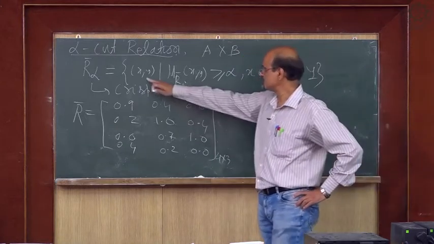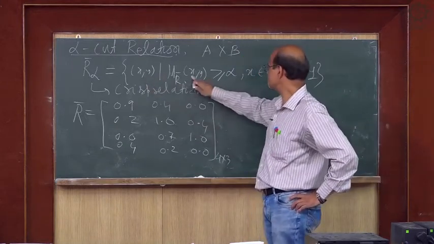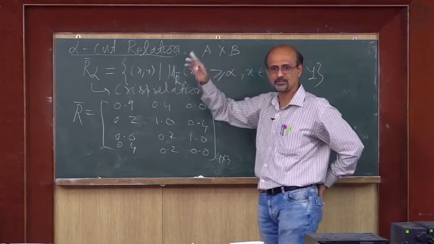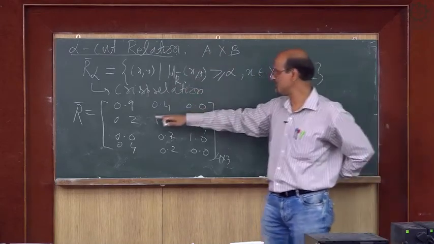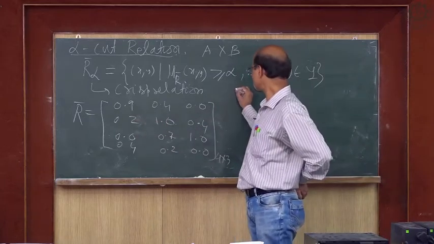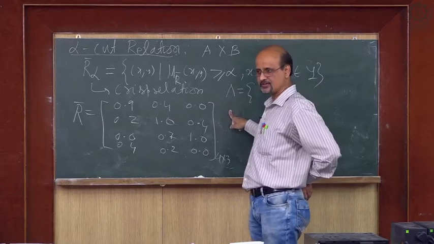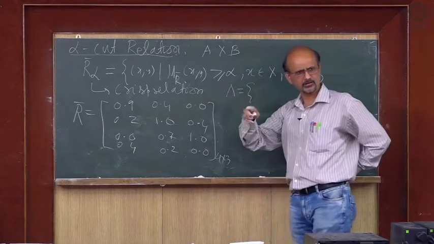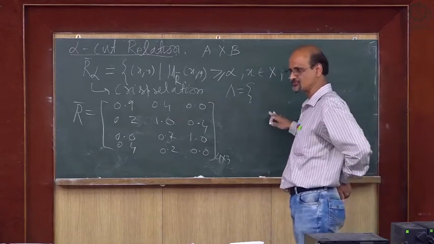Okay. So, see it is defined as mu R bar (x, y) greater than or equal to alpha, as we did for fuzzy sets. So, here we have to take different values of alpha. Actually, this is called the level set. I do not know if I defined it or not, all the alpha values. Okay.